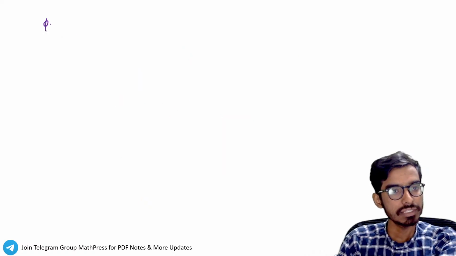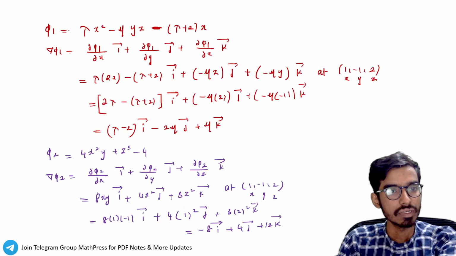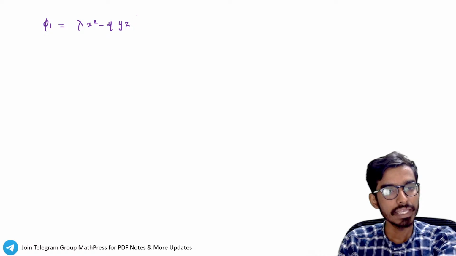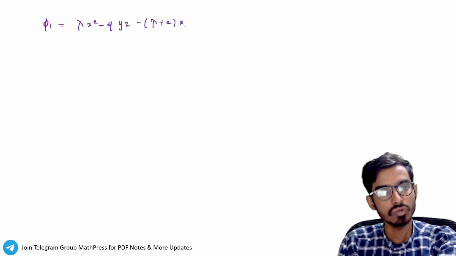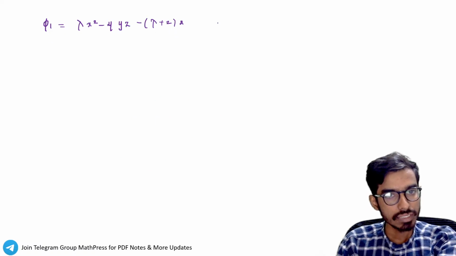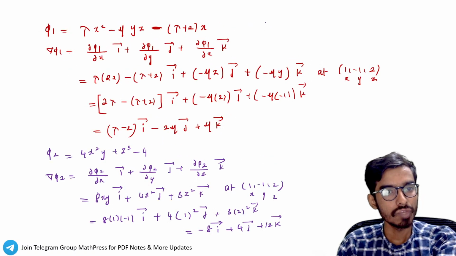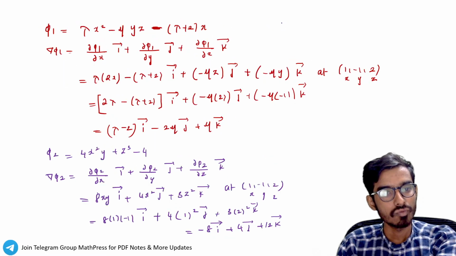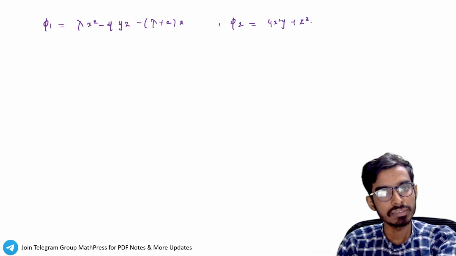So we know two surfaces, right? The first surface is phi1 equals lambda x square minus mu into yz minus (lambda plus 2) x. Now the second surface is phi2, which is 4x square y plus z cube minus 4.